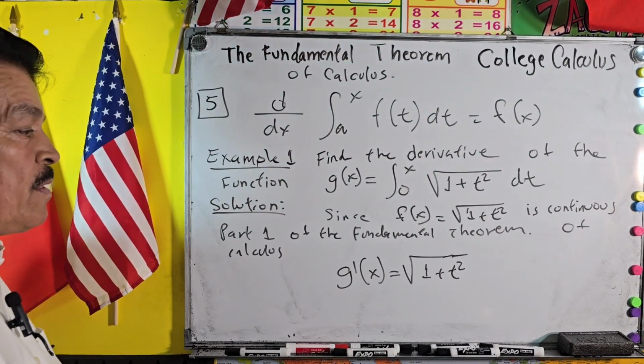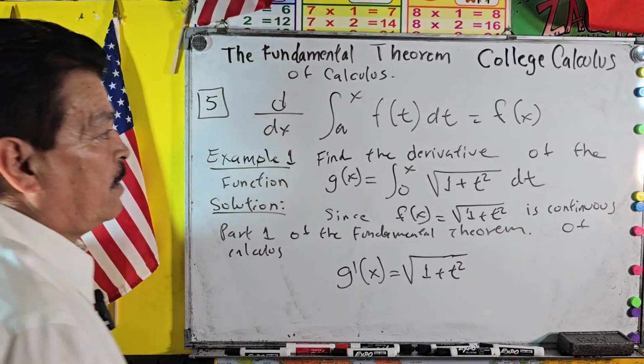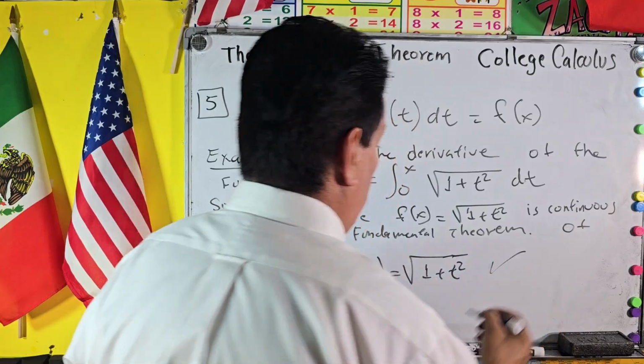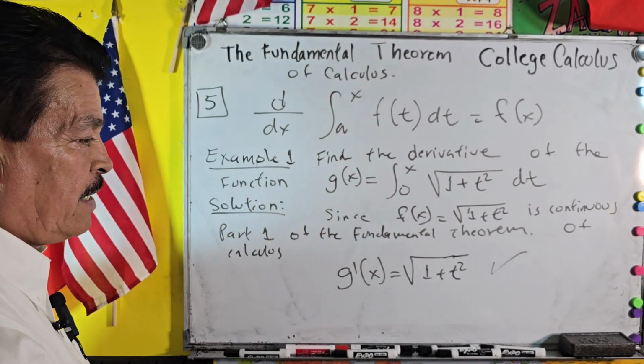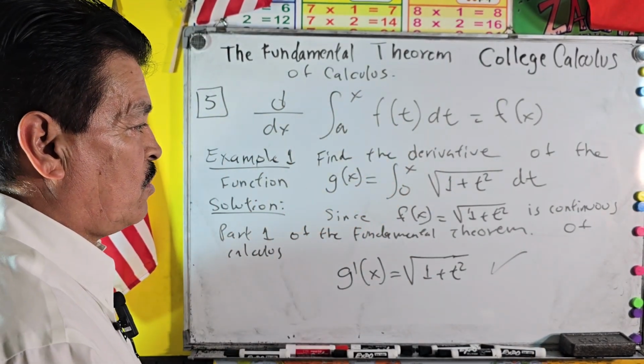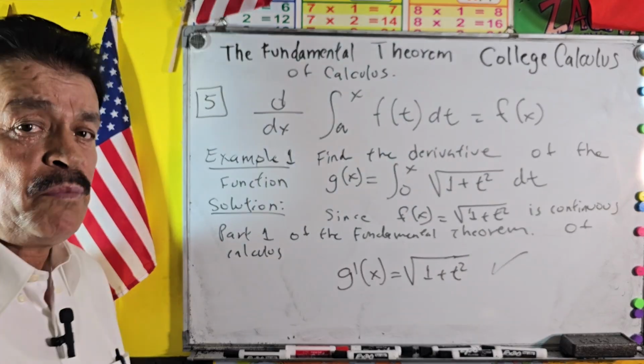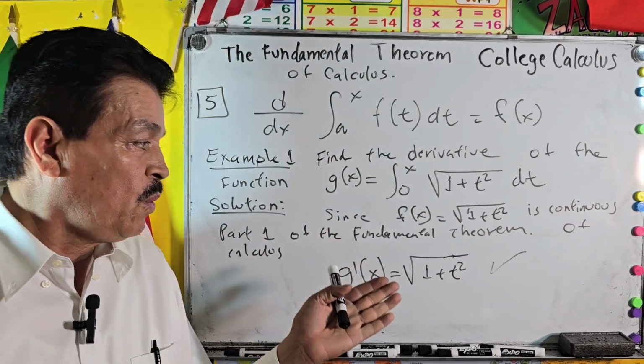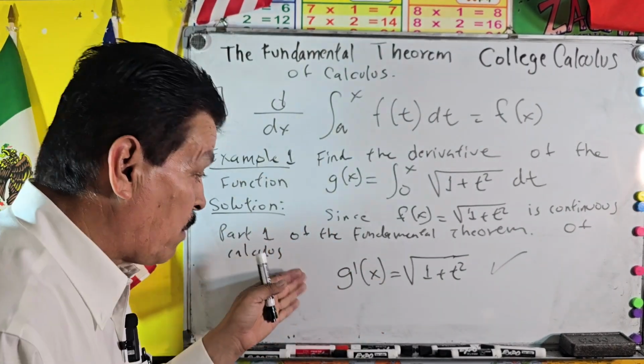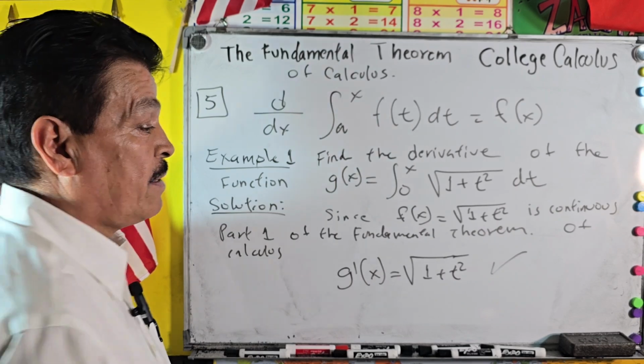See? That's the solution of the problem. This is the way to solve the problem, okay? It's very easy, you don't have to think a lot. Just check the information that I gave you before, and then you arrive at this conclusion, okay?